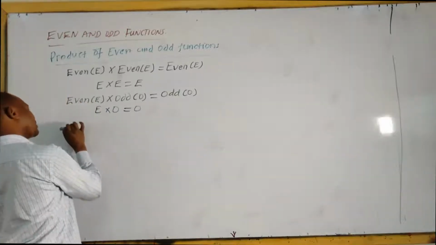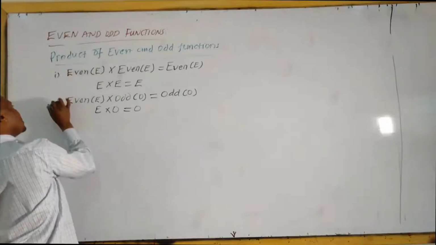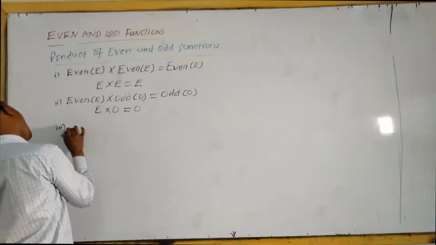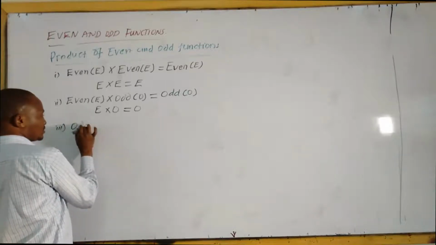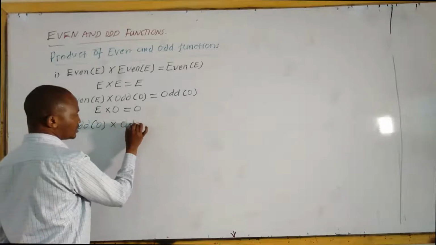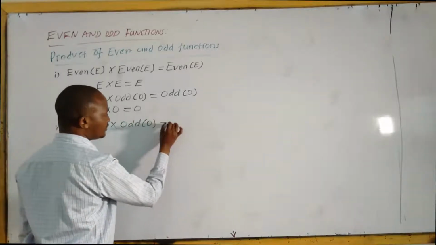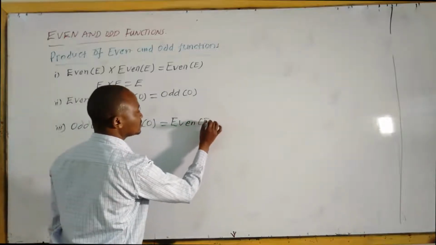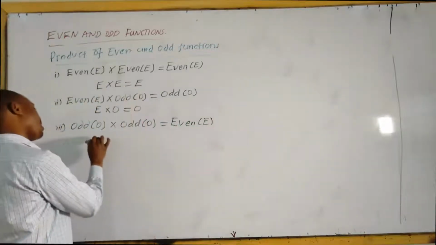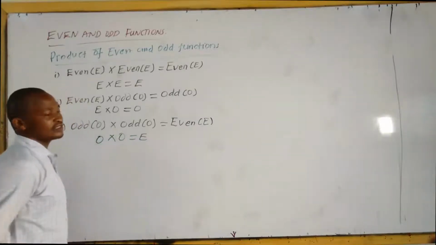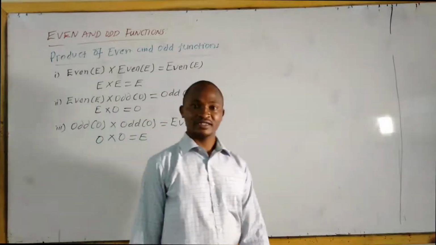An odd function times an odd function will give you an even function. Or odd times odd is equal to even. Just similar to the rule of signs.